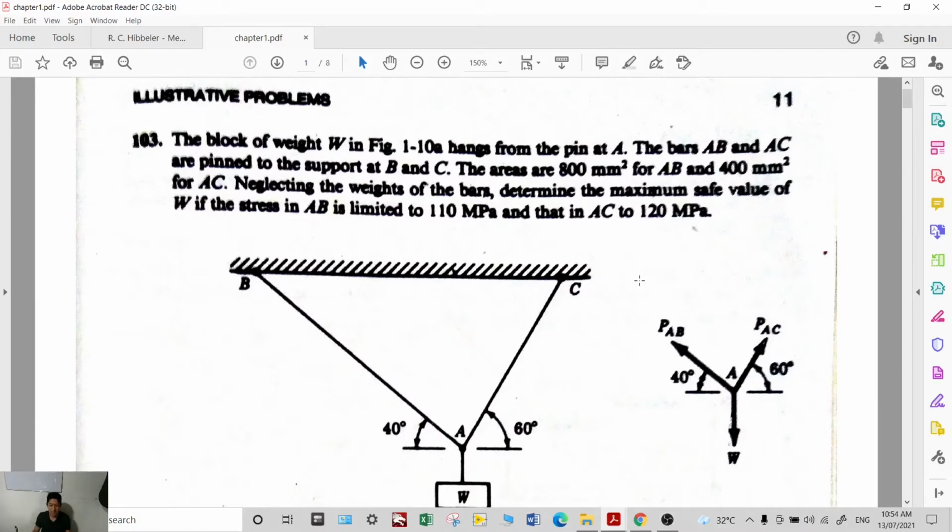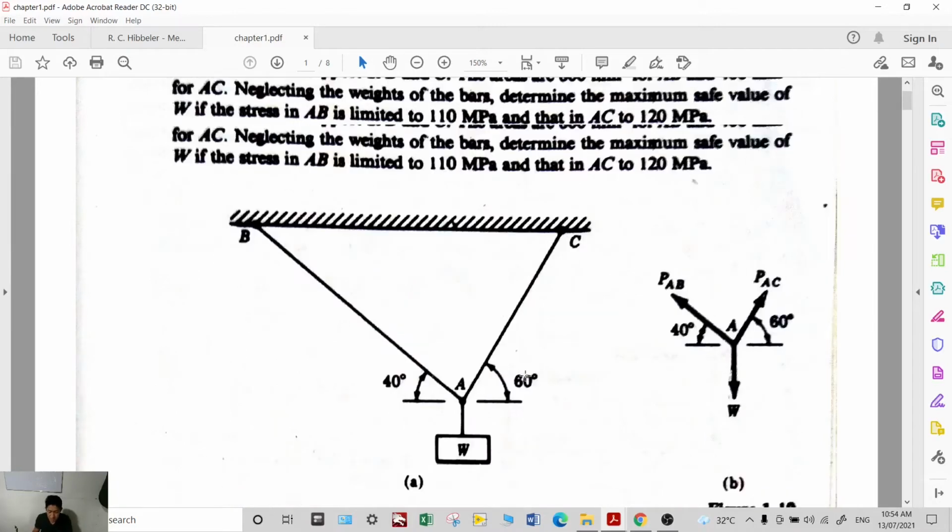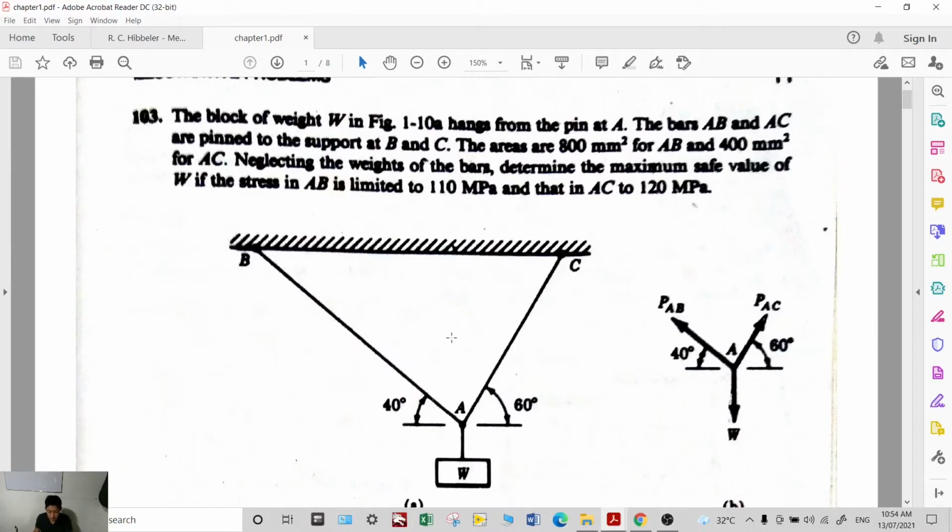Let's have another example, and we have this block W. The block of weight W in figure 1-10 hangs from the pin at A. So this is the pin. The bars AB and AC are pinned to supports at B and C. The areas are 800 mm squared for AB and 400 mm squared for AC.